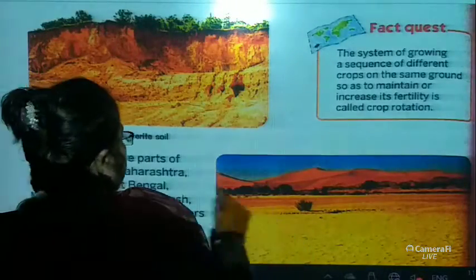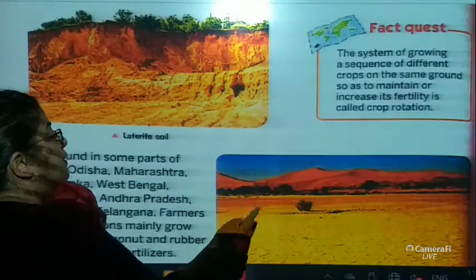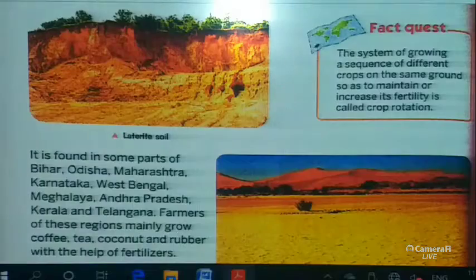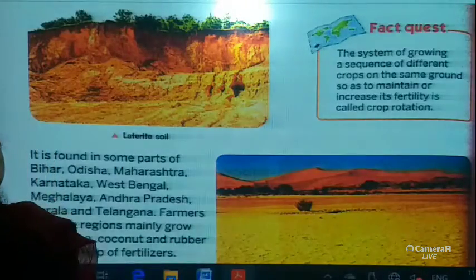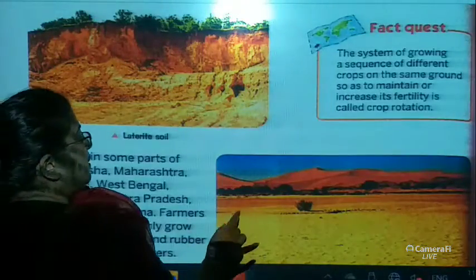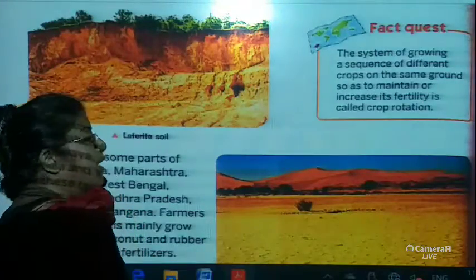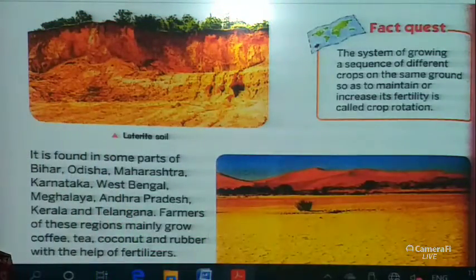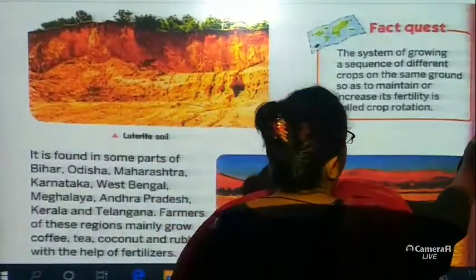We grow potato over here. So what happens to this soil? The remaining minerals or vitamins which the potato needs, which rice does not need, it takes and leaves the remaining vitamins in that soil. So again after potatoes we can sow rice. Okay, this is called crop rotation.